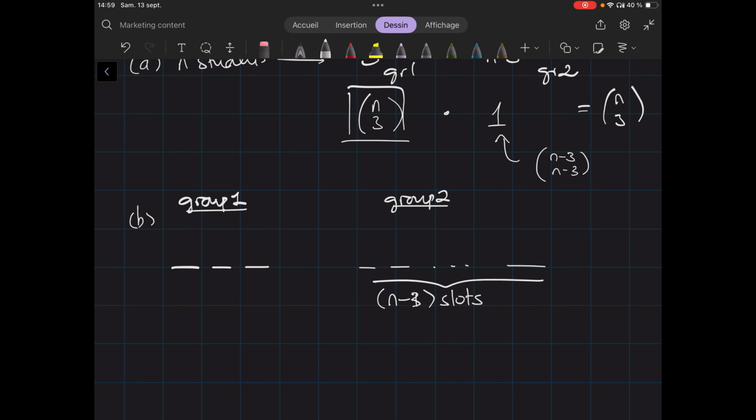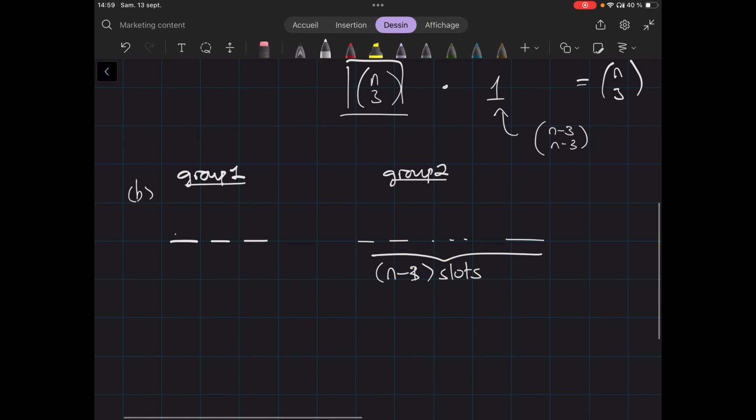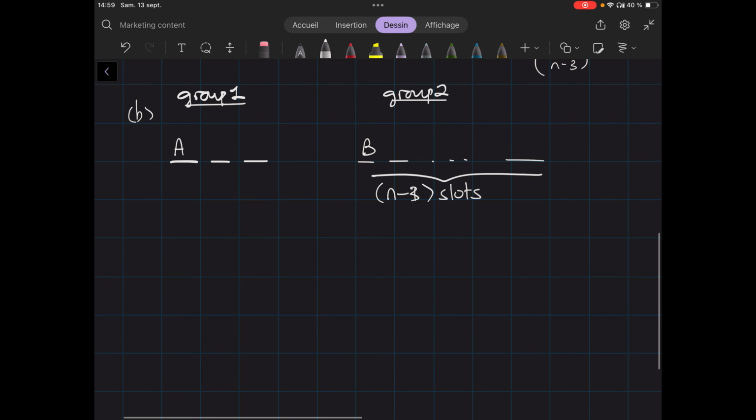Let's call the 2 students A and B. So, originally, our group of n students consists of A, B, and n minus 2 other students. Correct?